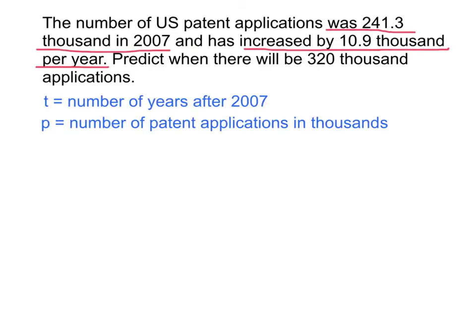So let's define our variables. T is the independent variable, the number of years after 2007, and P would be the dependent variable, which is the number of patent applications in thousands.